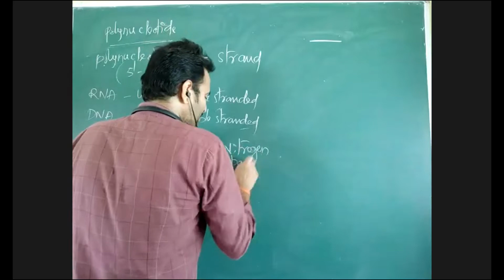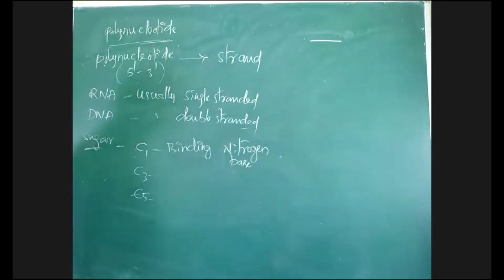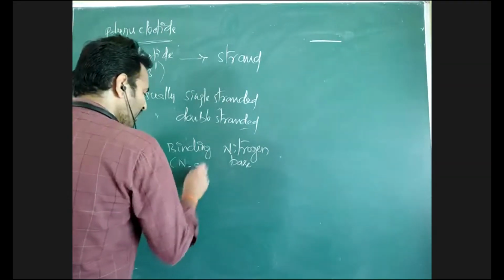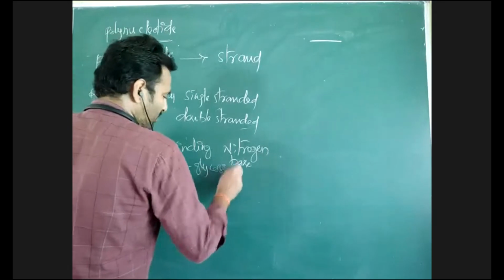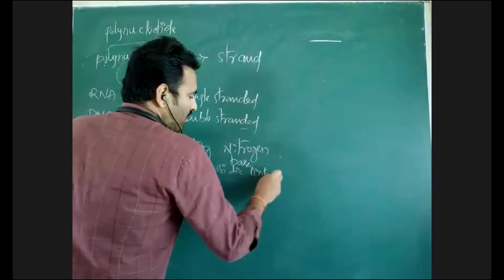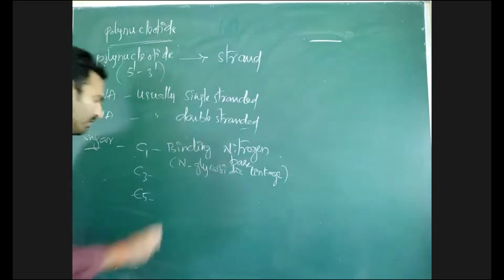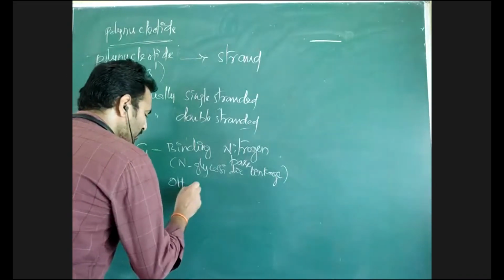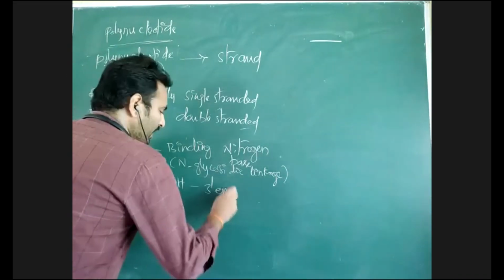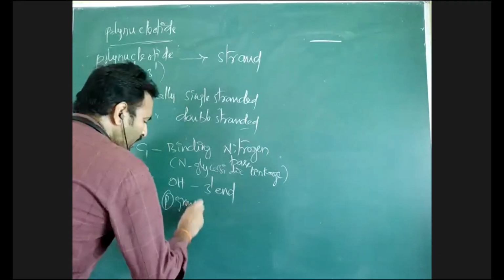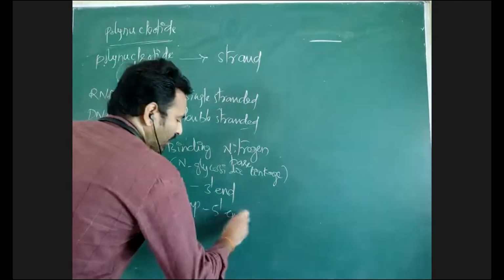A nitrogen base is attached to sugar, bound by forming an N-glycosidic linkage. N-glycosidic linkage is formed between sugar and nitrogen base at the first carbon of sugar. C3 has the OH group, which is the 3 prime end. This one has the phosphate group, which is called the 5 prime end.